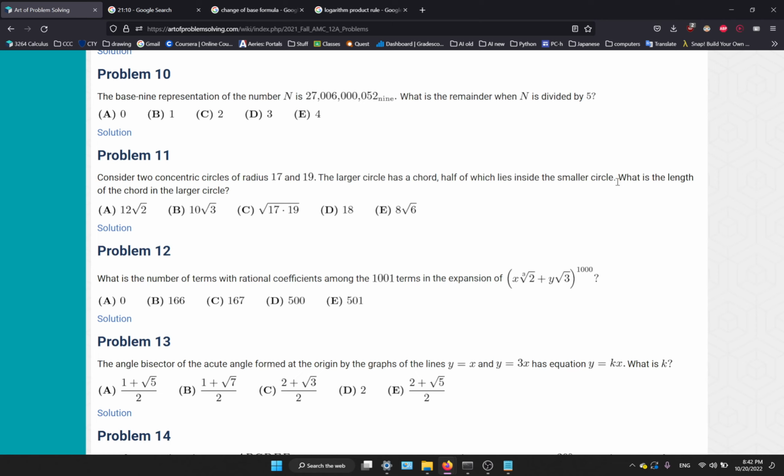But if you split that triangle in half, it's a half triangle. And then you can use... Wait. 19, 19.